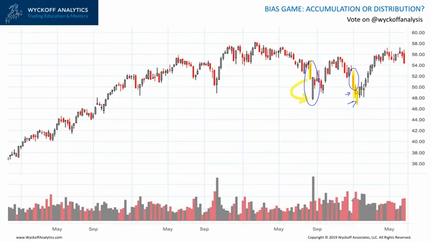We want to maybe check locally the same picture. So this looks like demand that is coming in. This was increased selling, and now we are going maybe like this.